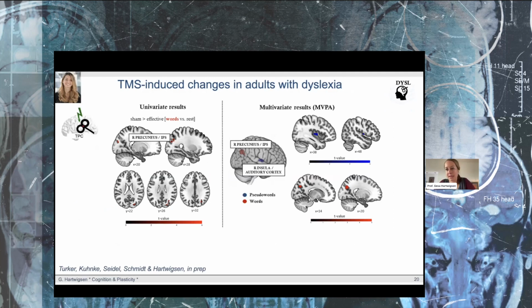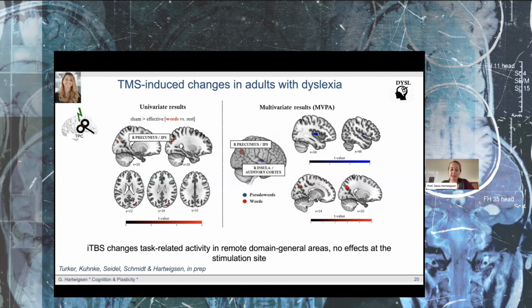Now, what happens at the level of task-related activity? Here, we did not find anything at the stimulated area, but only some induced changes in remote regions of domain general networks. When we looked at changes in task-related activity with standard analysis, we found significant modulation of the precuneus, an area of the default mode network, for word reading, and significant changes of the right insular and neighboring auditory cortex in the right hemisphere for pseudoword reading.